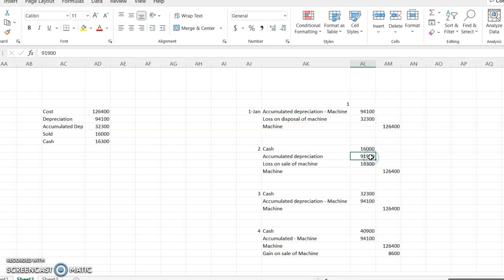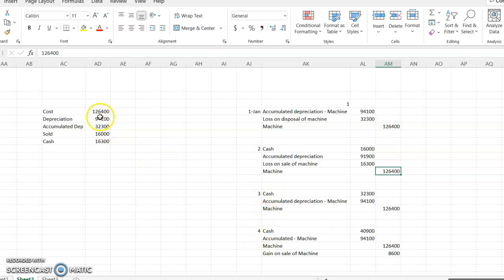The accumulated depreciation stays the same, which was $94,100. There was a loss on the machine. The loss was $16,300. So we have to debit the loss for $16,300, and then we have to credit the cost of the machine for $126,400, which we do here. That's part 2. We'll fill that in a second. I'm just showing you how I've done everything.